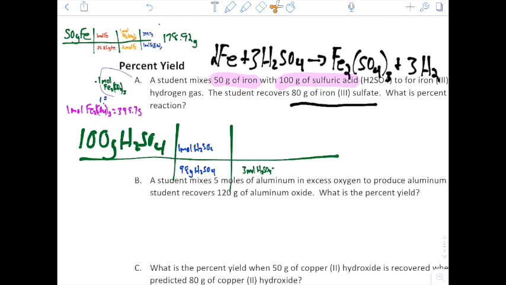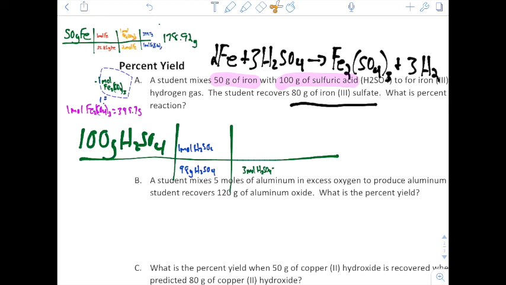of our iron(III) sulfate, and we're not done yet, so we keep going, and we have our 1 mole to our 399.7 grams on top.